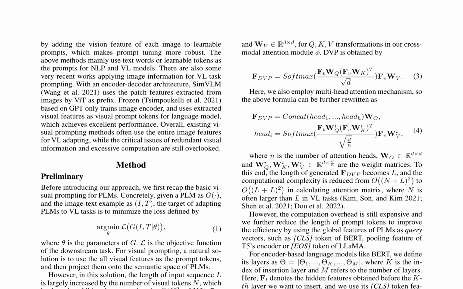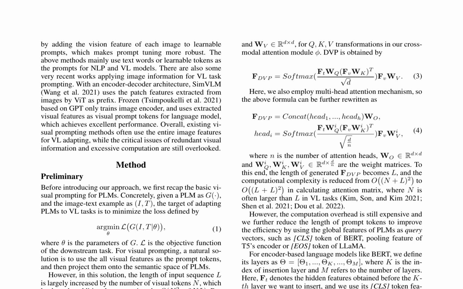The current visual prompting methods for PLMs are limited by using the entire image features, resulting in redundant visual information and excessive computation. To address this, the authors propose Dynamic Visual Prompting, DVP, which employs cross-modal attention to generate compact visual prompts relevant to the input text and image.